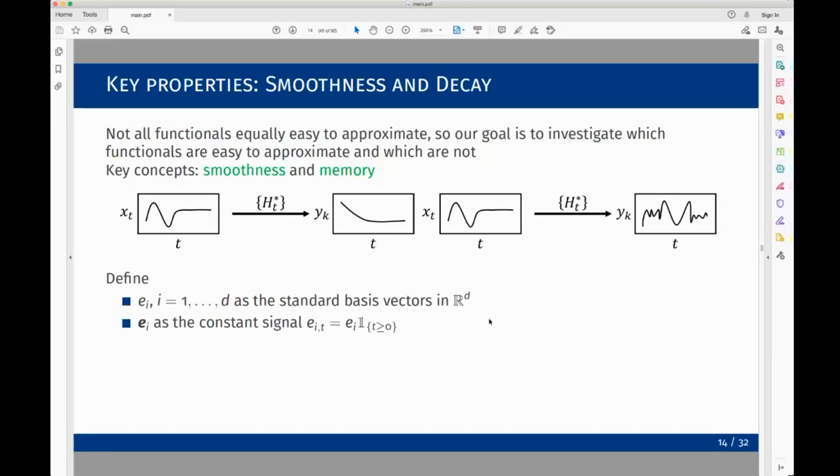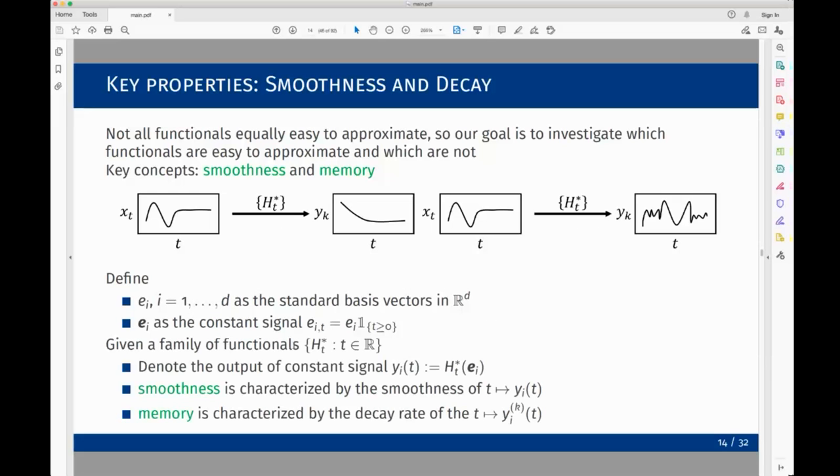To this end, we introduce a standard basis vector, e_i, in the d-dimensional space, and we construct a boldface e_i as a constant signal when t is non-negative. Then we can introduce the concept of smoothness and memory based on the output signals with respect to our constant signal e_i.